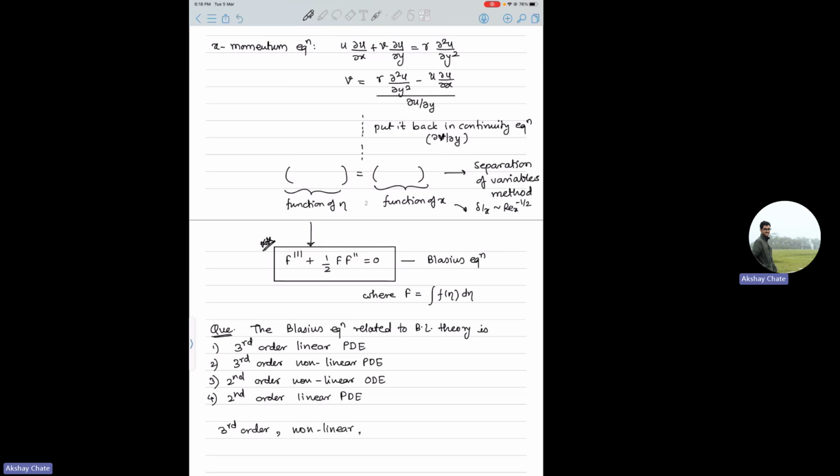And whether it's ODE or PDE, now the confusion may come that whether it's ODE or PDE, because see, it is... yeah, so this is ODE because your f is only function of theta.